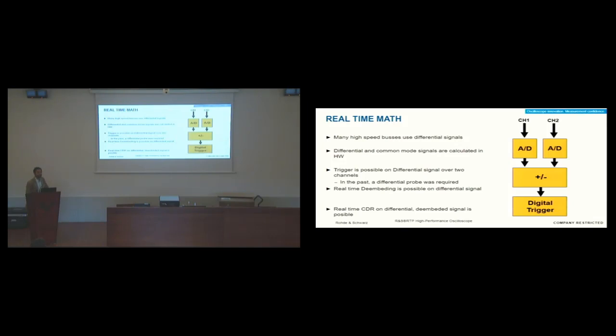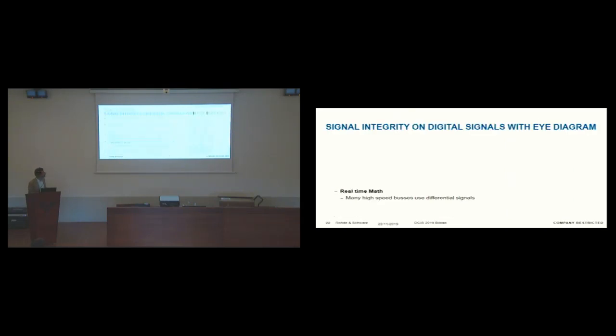This has never been possible so far with an oscilloscope, but it is great to have the possibility to perform real-time mathematics so that we can trigger on this digital signal. Also, we can de-embed this signal in real time. So this is possible with the solution we are showing today.